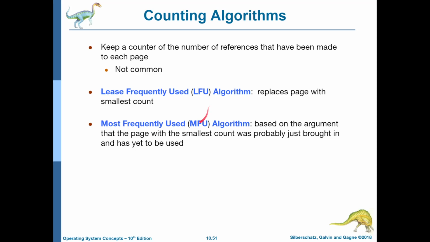You can also do what is called most frequently used. It's based on the argument that the page with the smallest count may have just recently been brought in, and we don't want to swap that out too quickly. Something with a high counter value could be considered old and ready to be swapped out.